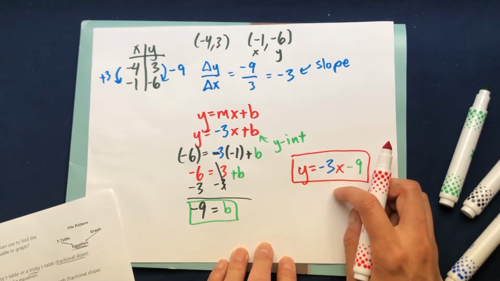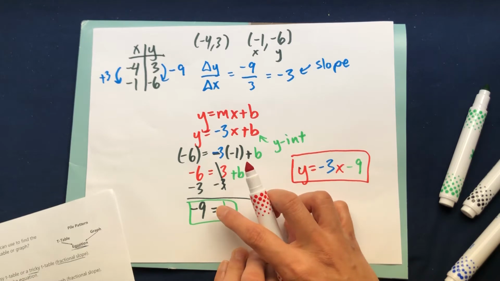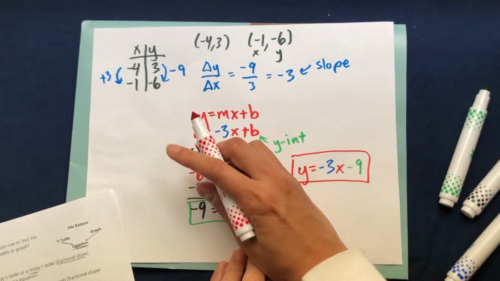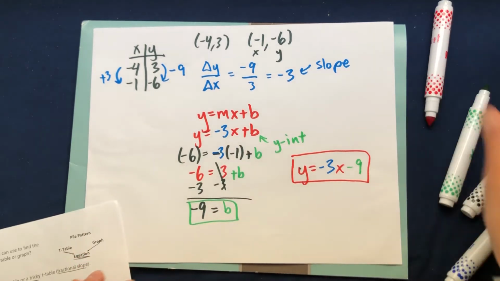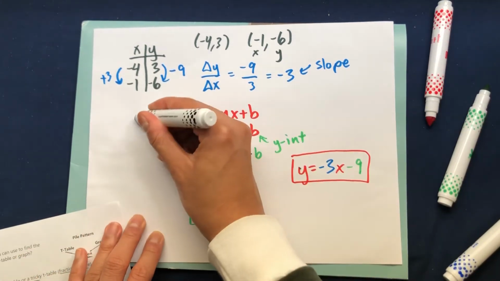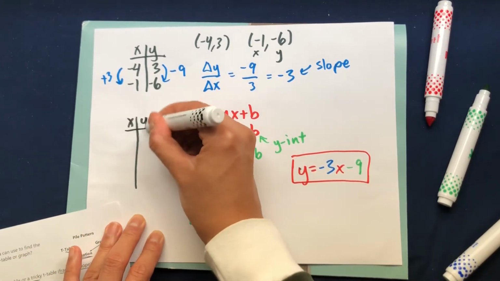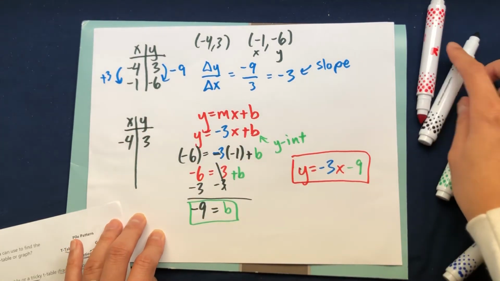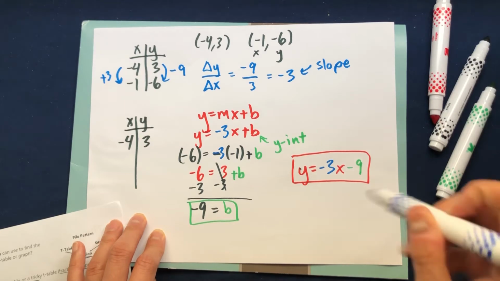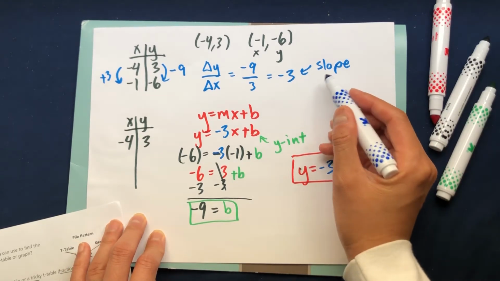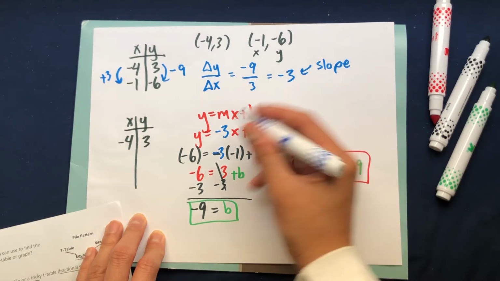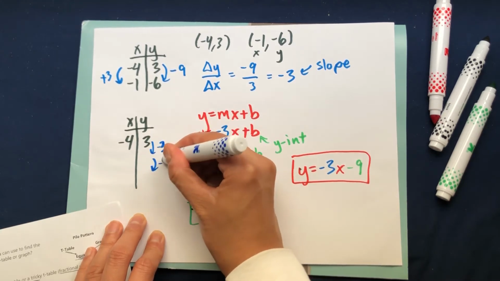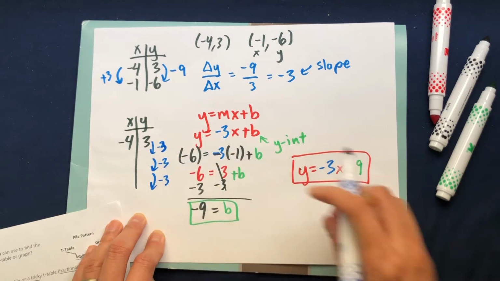Another way to solve this problem to find the y-intercept is by creating your t-table and just extending it. So, for example, if we know that x is -4 at 3, we can figure out the other coordinates by subtracting 3 each time, because that's our slope. So subtract 3, subtract 3, subtract 3.